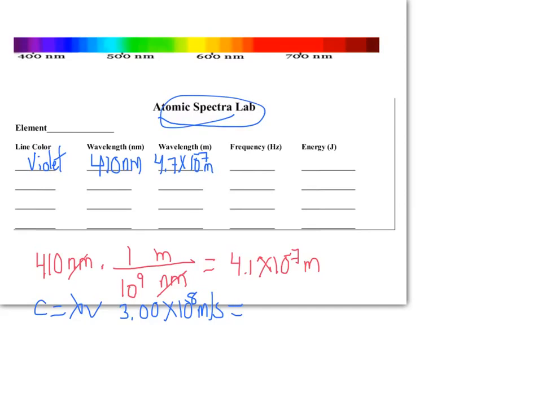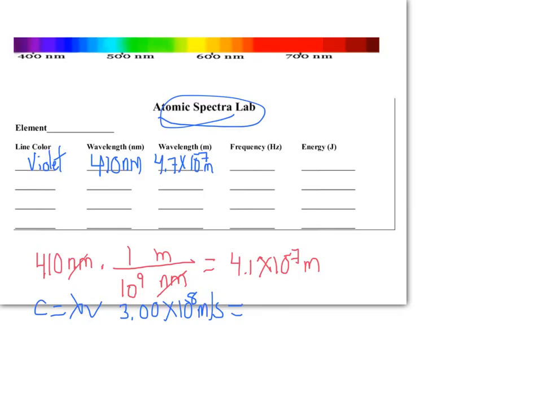Lambda is the wavelength. Which wavelength would I use, the nanometers or the meters? In this case, you would want to use the meters. The reason is that the speed of light is in meters per second, so your meters cancel, and you get hertz, which are your correct units.